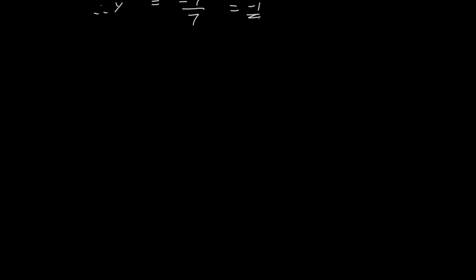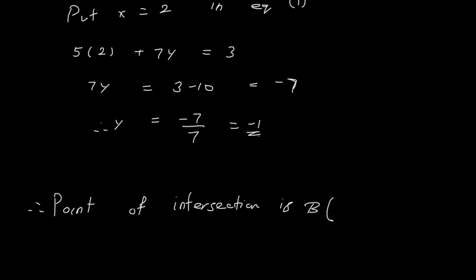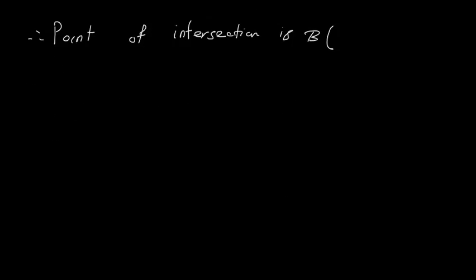So therefore I will say the point of intersection, I will say this is point B, is 2 comma minus 1.